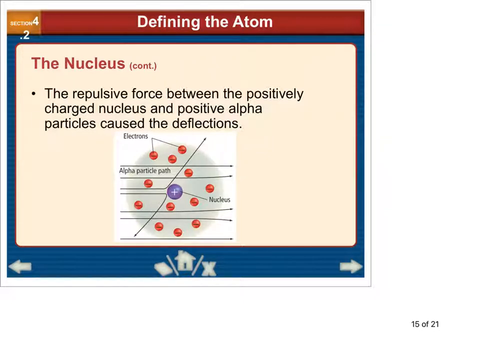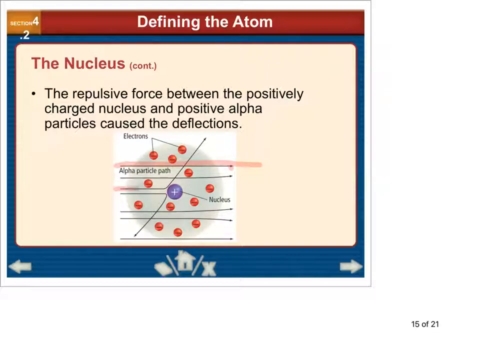There we go. Here we have what he looked at happening. So as these particles were coming through, if they weren't very close to the nucleus, they just passed right on through.